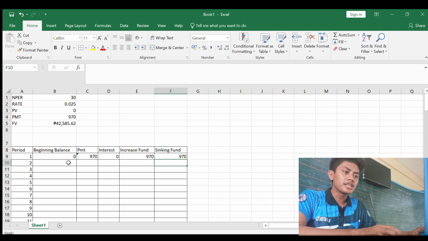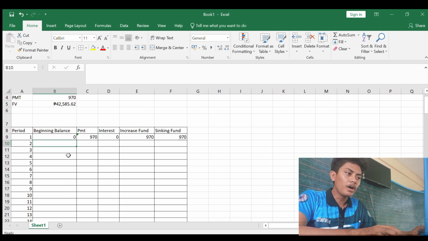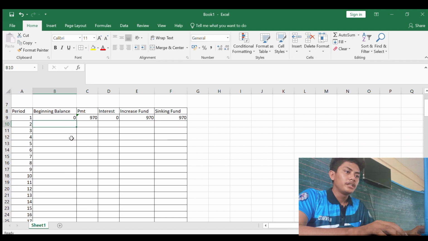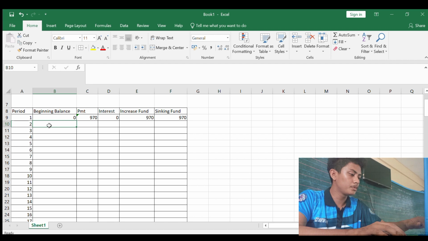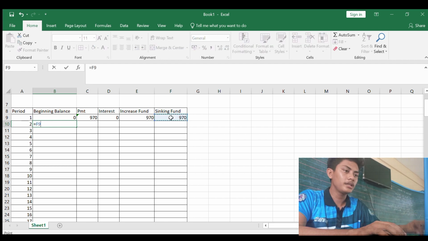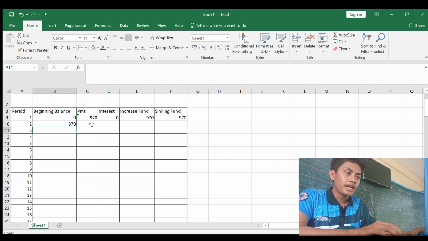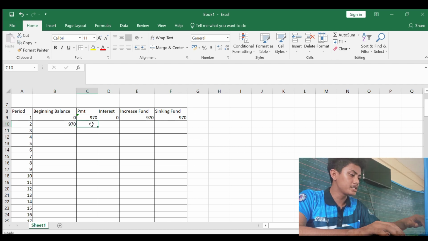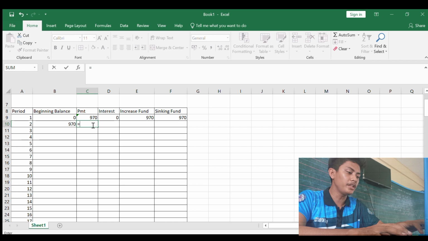So in the second period of the sinking fund schedule, our beginning balance now is the sinking fund of the first period. So you can just put equals, then click the sinking fund of the first period. Then enter. Our PMT here is the same 970, or you can just click this PMT here, then enter.